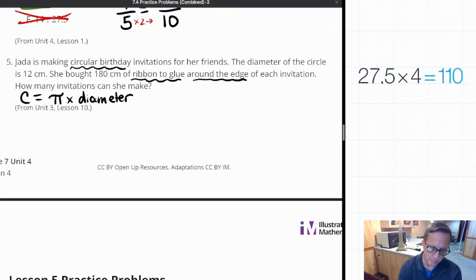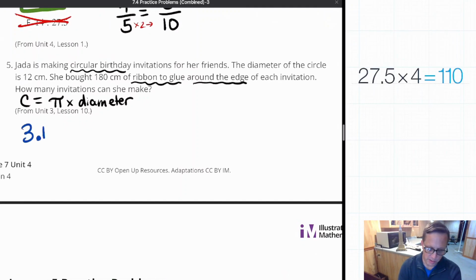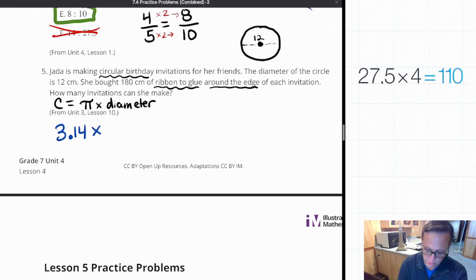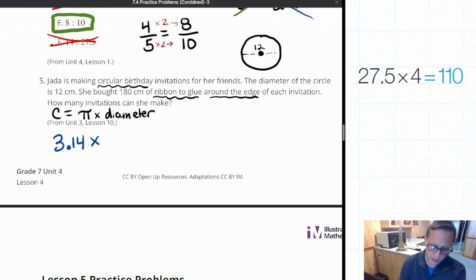So let's just do 3.14 times, and I never even drew a picture of it, not that you need it, but the diameter of the invitation is 12, right? The diameter is 12, and so we're going to do 3.14 times 12.